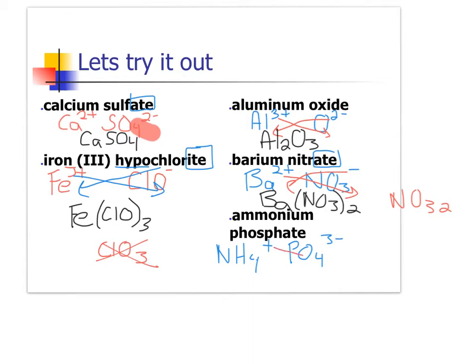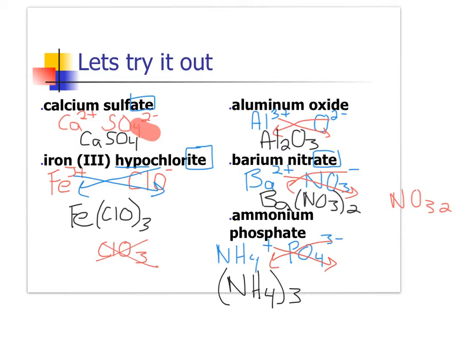We can do the crisscross method because, again, it doesn't match up. So here I see that my ammonium is going to need parentheses. So I put NH4 inside parentheses because if I didn't put it there, it would look like I had 43 hydrogen. Again, some compounds do have 43 hydrogen, just not this one.